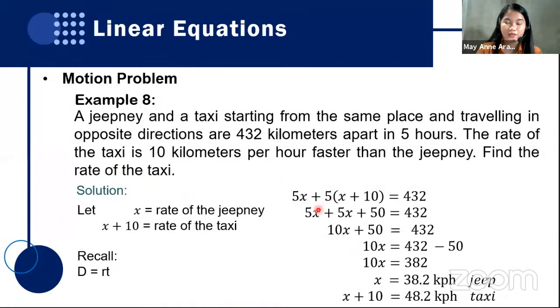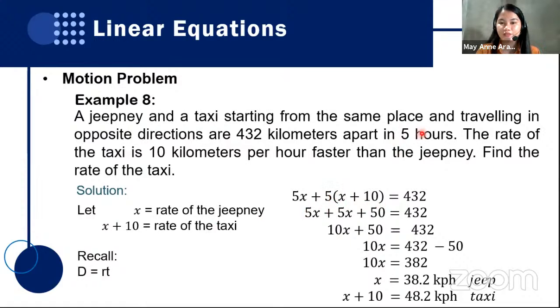Okay. We have 5x plus, right? They are 432 kilometers apart. So the time, the given 5 hours, times the rate of the jeepney. So you have 5x plus the distance of the taxi, the rate times time.